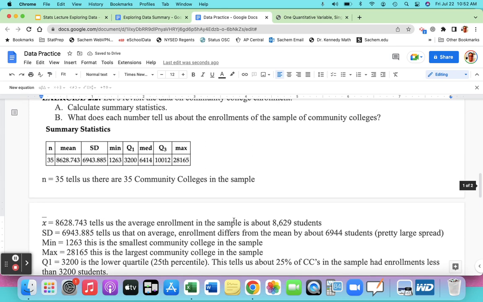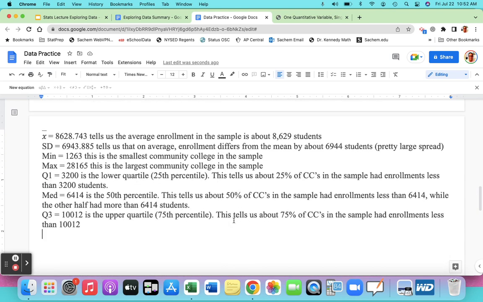What else would I like to say? I might say the interquartile range. I might add that here. Okay, some other ones. The IQR, interquartile range, which is the middle 50%. The way you calculate it is Q3 minus Q1.